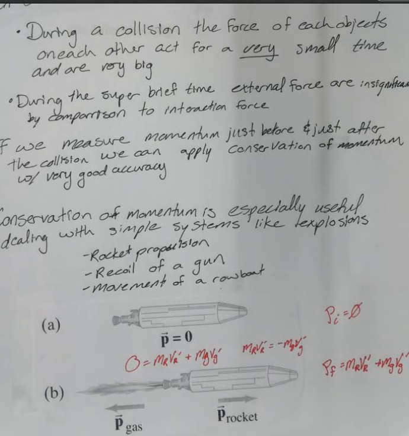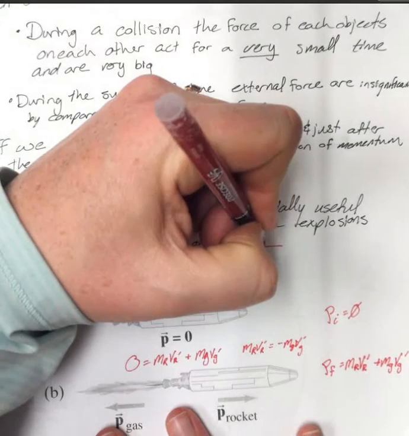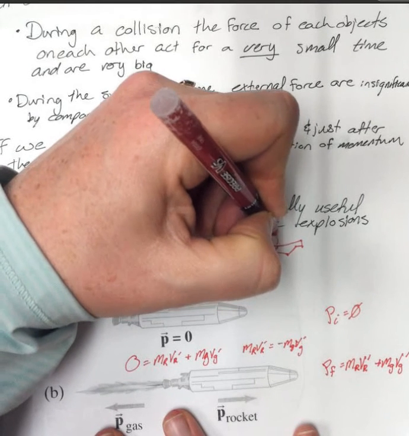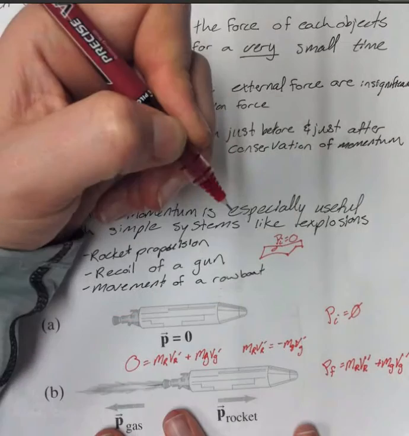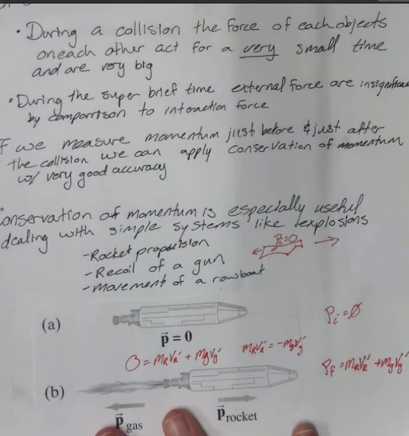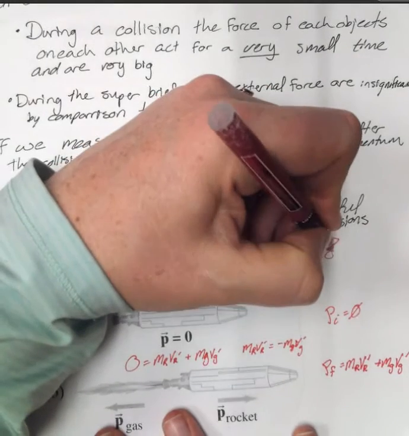And the same thing could be true for the recoil of a gun, right? Before you fire a gun, its momentum is 0. You pull the trigger, there's an explosion, the bullet moves forward, the gun moves backward, and the total momentum afterward should be equal to 0.